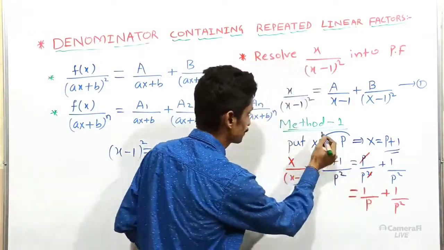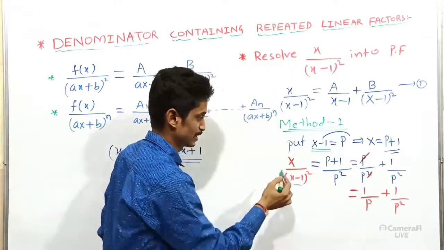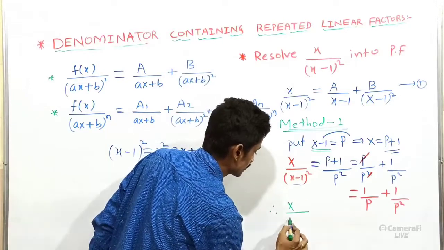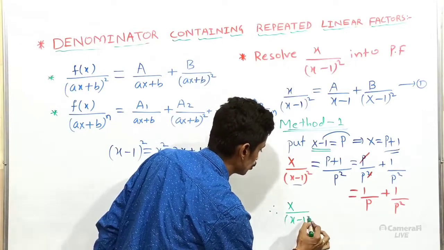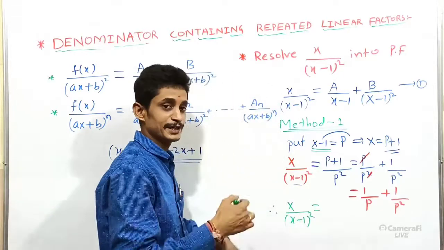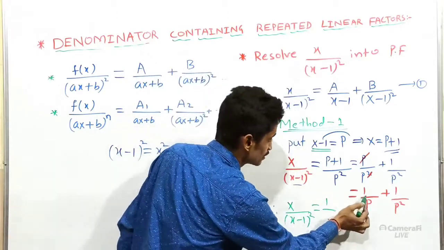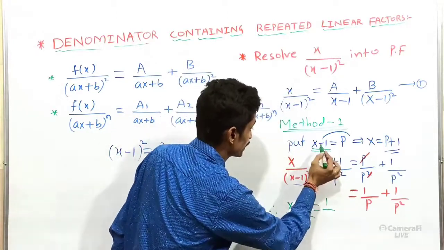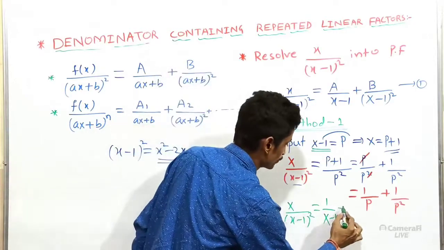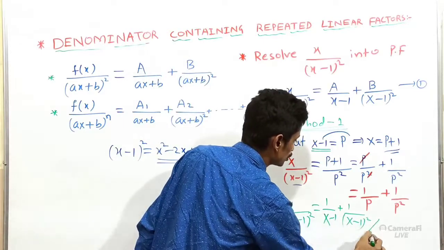What is that value of p? Here I have p value is x minus 1. Therefore, my required result is x divided by x minus 1 whole square. This proper fraction, I expressed as a sum of two proper fractions, that is 1 divided by x minus 1 plus 1 divided by x minus 1 whole square.